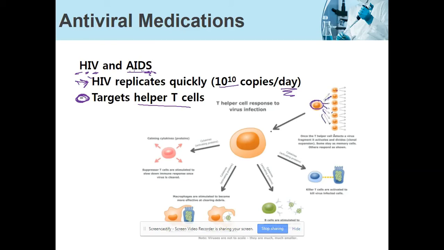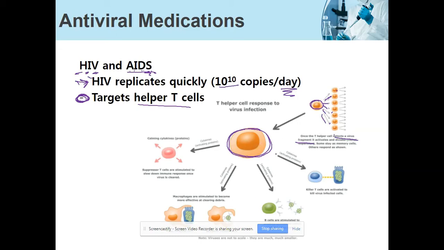All of these guys go and do what this example cell is doing. So this example helper T cell, and again, during an infection, you have oodles of them. As it says, when a virus fragment is detected, it divides, and then all of those helper T cell babies go and take care of all of these jobs.